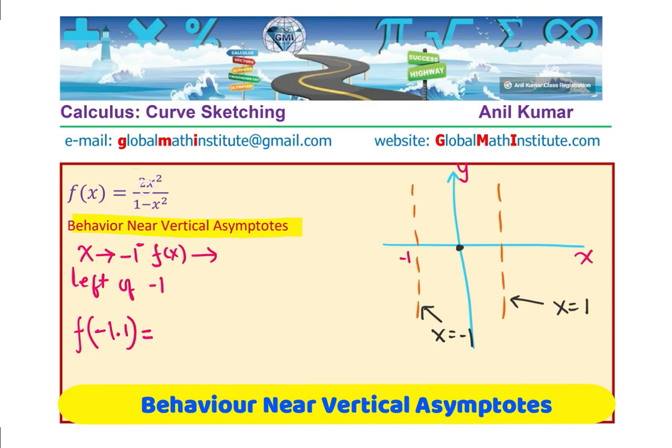The numerator is positive, because we have 2 times x squared, no problems. As far as the denominator is concerned, 1.1 is more than 1. When you square it, we get a negative value. So we find that this is negative. Since it is negative, the function will go to negative infinity. Do you see that?